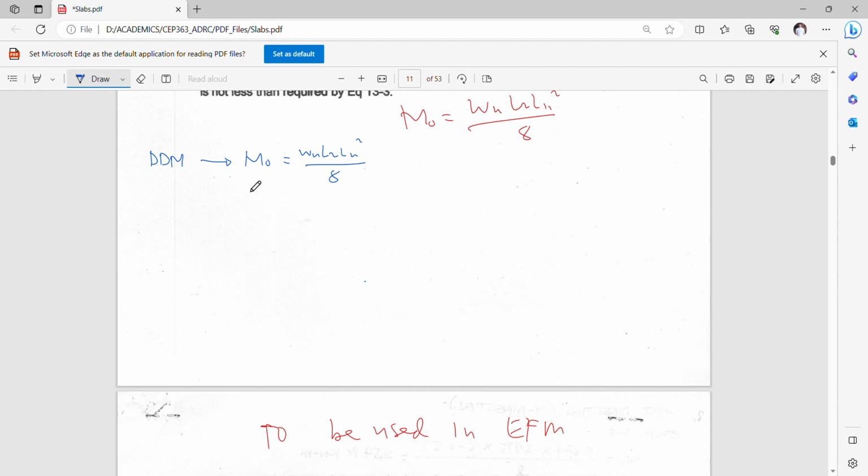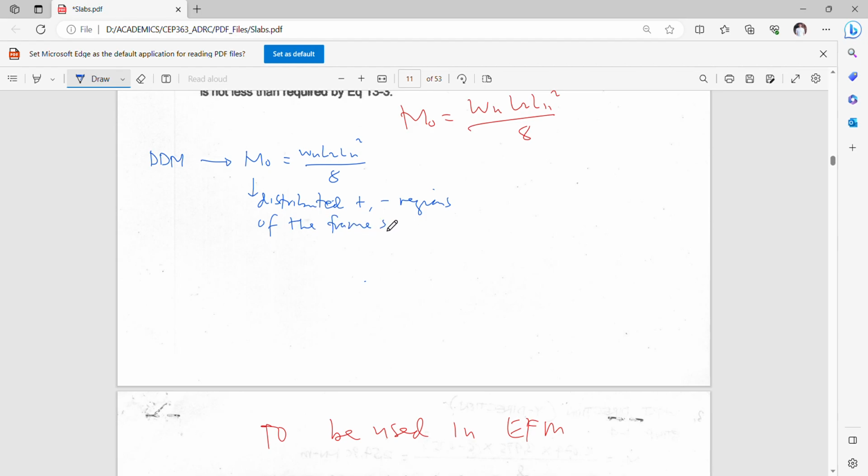So this MO will be distributed at the positive and negative regions of the frame strip that we are talking about.